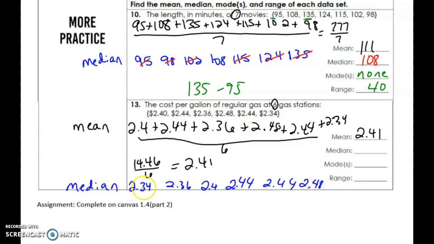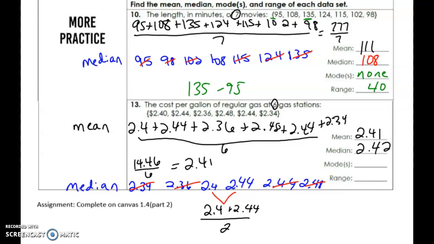All right, and work your way in. 2, 4, 6. Yep. So there's a tie between $2.40 and 2.44. So we need to add those up and divide by 2. And that's where we get 2.42.